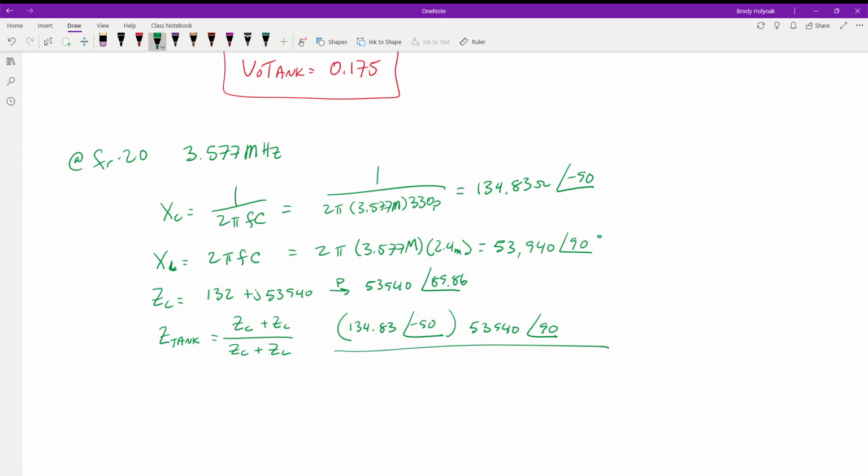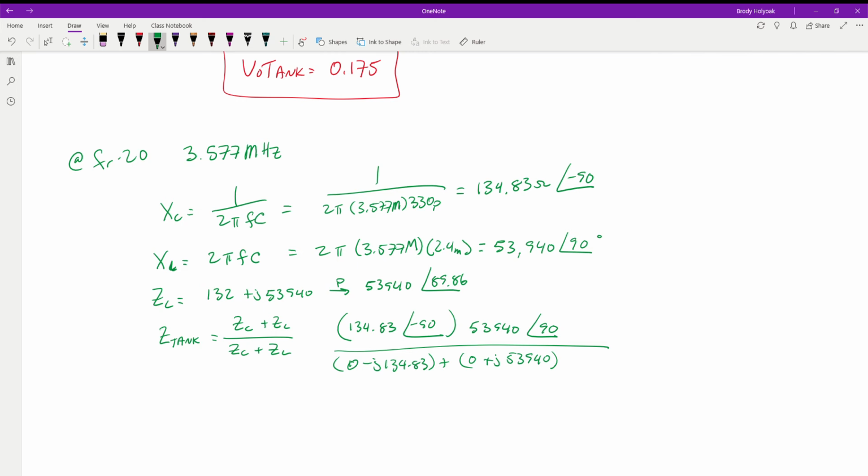That's going to be divided by 0 minus J of 134.83 plus 0 plus J of 53,940. Those are the rectangular values for the impedances of those guys.